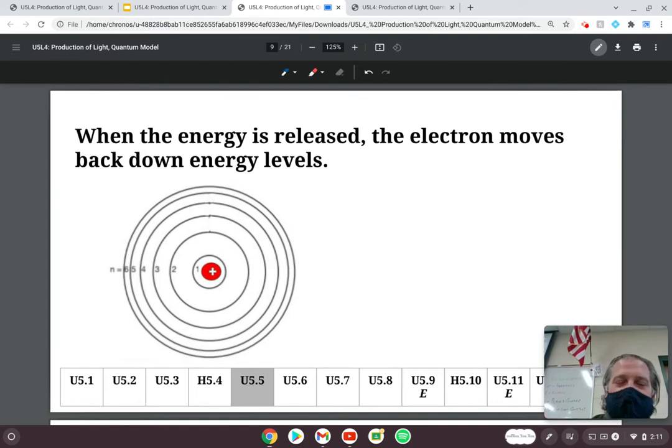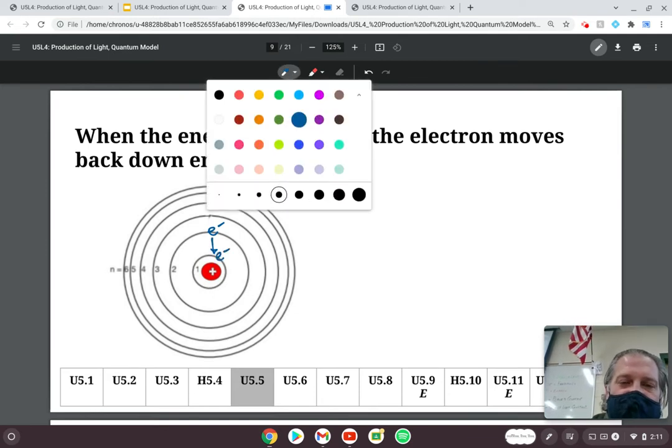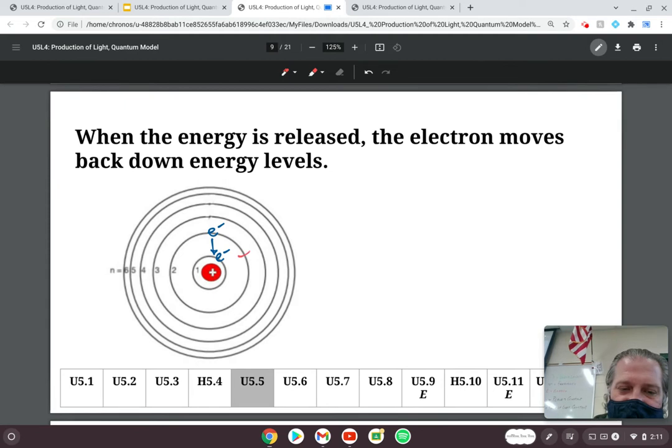Okay. So if the electron is here and it drops back down to here, it's only going to be able to give off the same amount of energy that it put in, which looks like that.